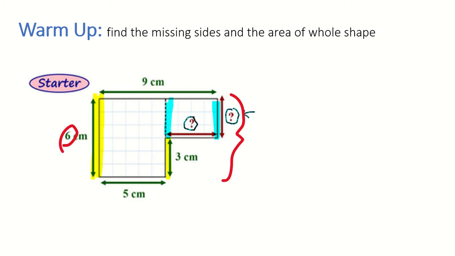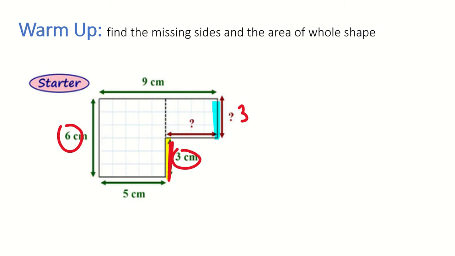If it's 3 from here to here, what would the remaining gap be? You would just do 6 minus 3, which gets you that this missing side is 3. You see that? 6 minus 3, because we're trying to find that gap right there. So we've got one of the missing sides, and like I said, you have to imagine those lines.